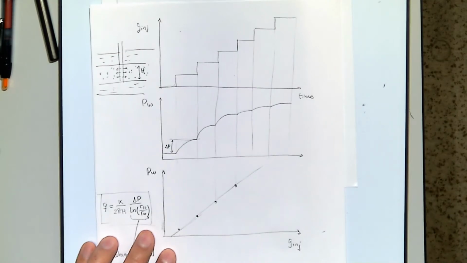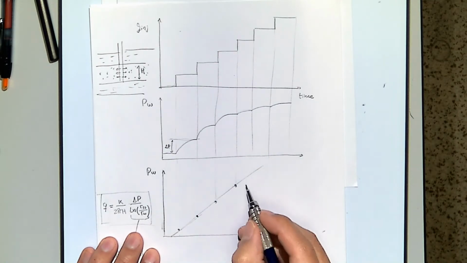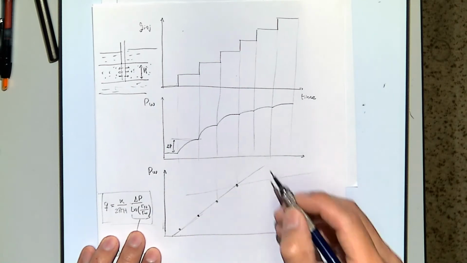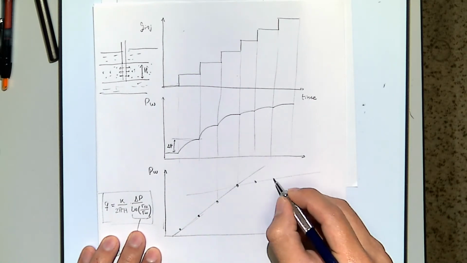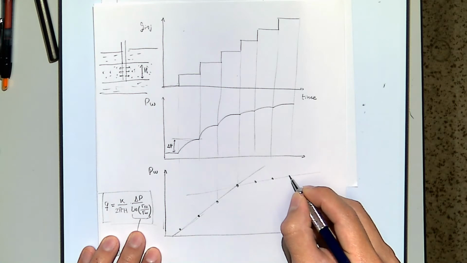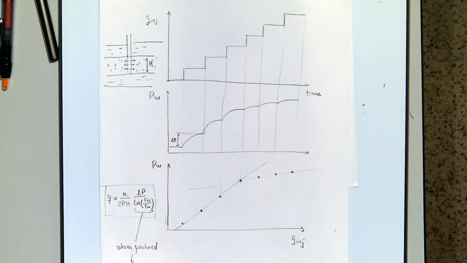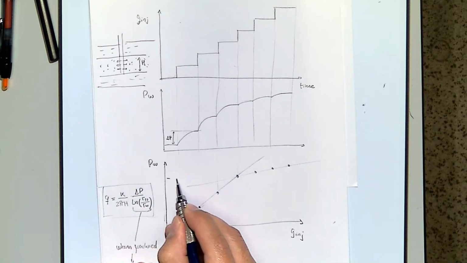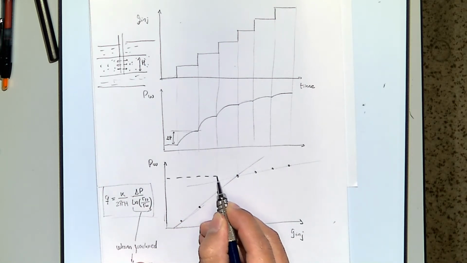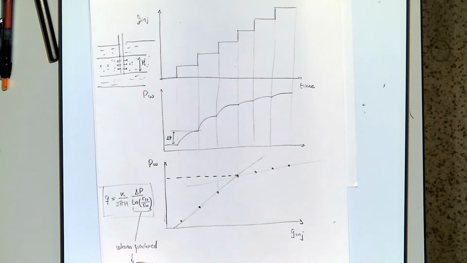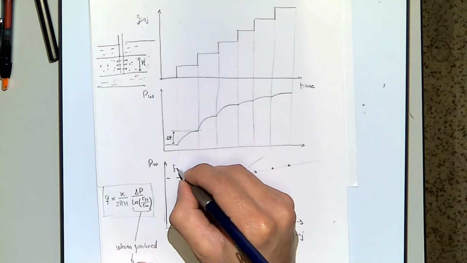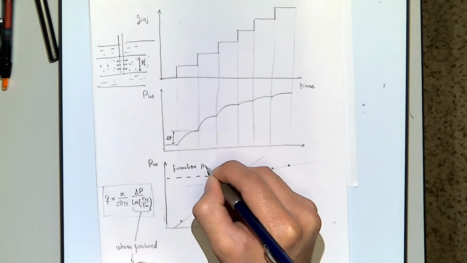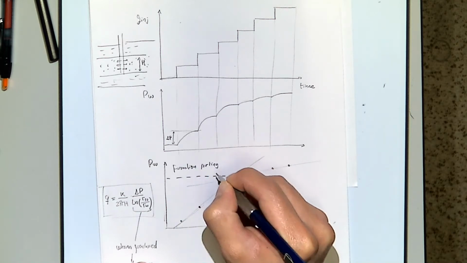So at this point, your delta P's are going to start to be smaller, and there's going to be a break in that curve. And this pressure over here is going to be what is called the formation parting pressure.